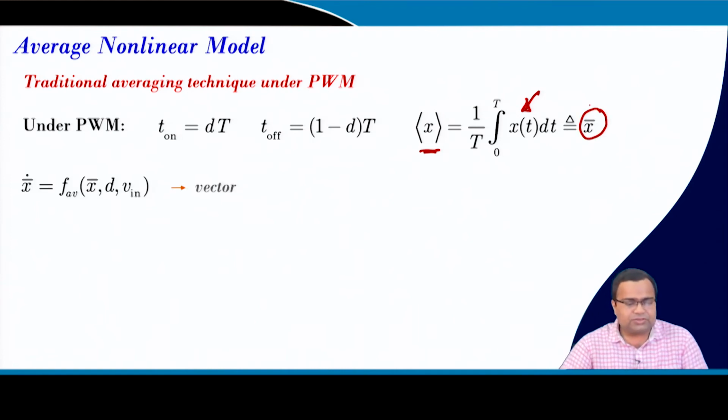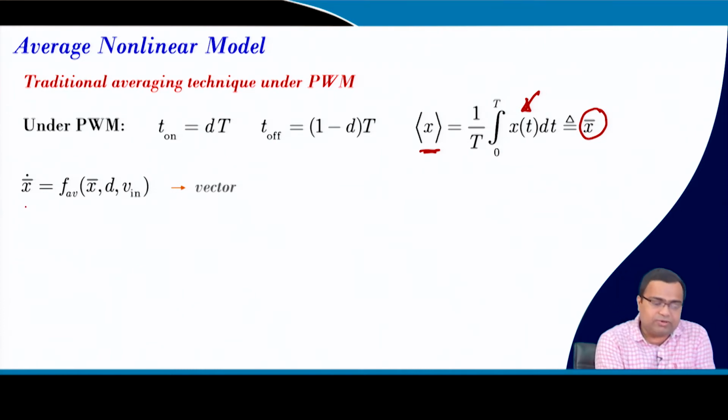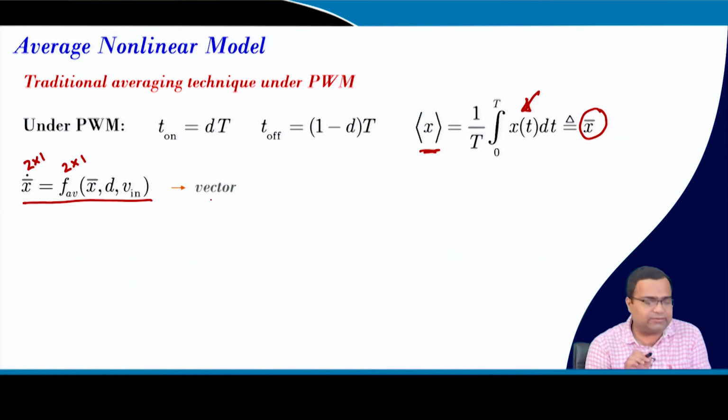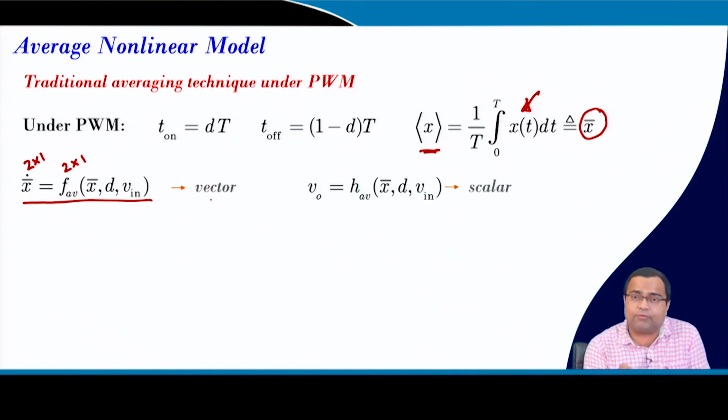Now this x bar dot, the average dynamics, we will soon find. It is basically a vector, because we are taking two states, so it will be 2 cross 1. Similarly, this vector function is also 2 cross 1, whereas the output voltage is a scalar quantity.